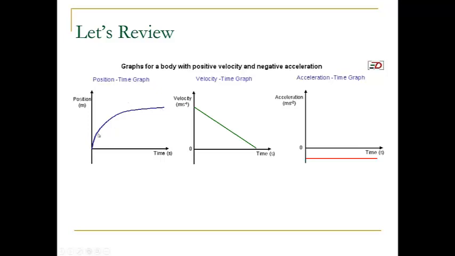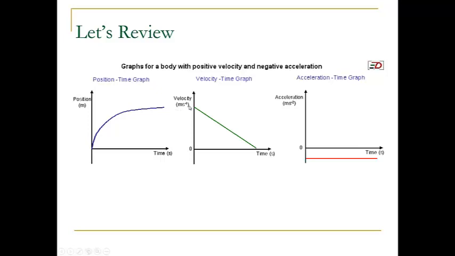Which takes us then to our velocity versus time graph. Your slope is really steep here, so that means you're starting out with a high velocity. And then down here, your slope is almost 0, so that means at the end of the time, your velocity is almost 0. Then you just connect them between there, so your velocity is decreasing, decreasing, decreasing. You'll sometimes see this as meters per second to the -1.